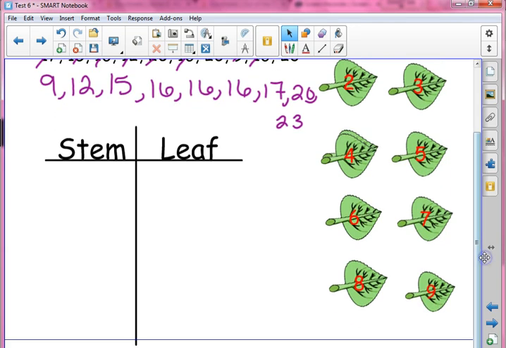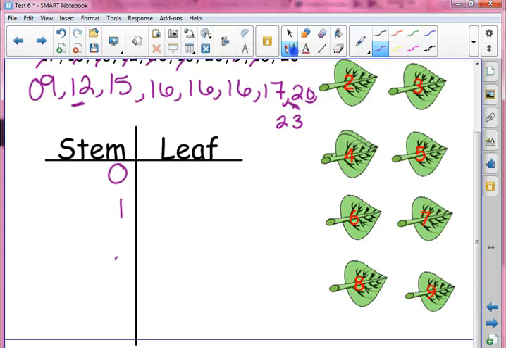All right, in your stem and leaf plot, the stem is the first part of the number. So my stem is going to be 0, because it has 0, 1, and 2. Give myself more space.